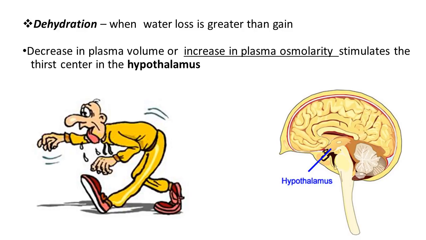So the more dehydrated you become, the less water in the plasma, which means that there is relatively more stuff in the plasma. And the hypothalamus can monitor this, and if plasma osmolarity is increasing due to dehydration, it will stimulate the thirst center that will make you want to consume fluids.